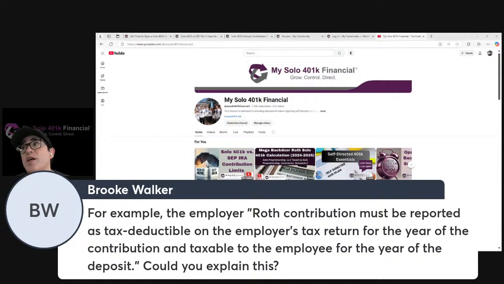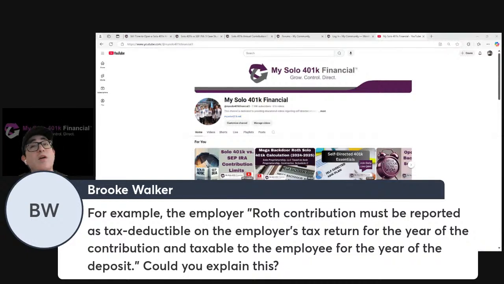So one of the things that is now allowed thanks to the Secure Act 2.0. This is major legislation in Congress, referred to as the Secure Act. They did a couple rounds of it. The most recent legislation allowed employer contributions to be made as Roth contributions. Historically, employer contributions were always made as pre-tax, tax-deductible contributions.